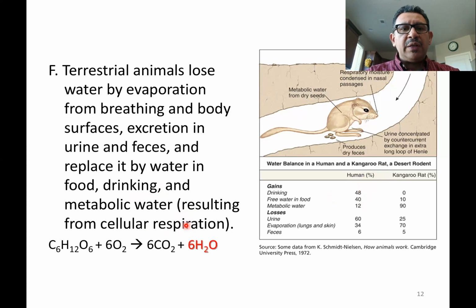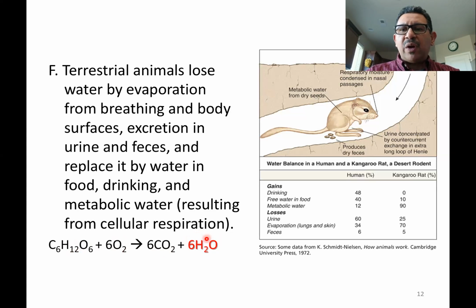You may recall the equation for cell respiration we studied in Bio 211. 1 molecule of glucose in combination with 6 molecules of oxygen will produce 6 molecules of CO2 and 6 molecules of water. This water here, although it is a byproduct of cell respiration, is actually not a waste. It stays in the cells and contributes to the supply of water cells need to perform other reactions.